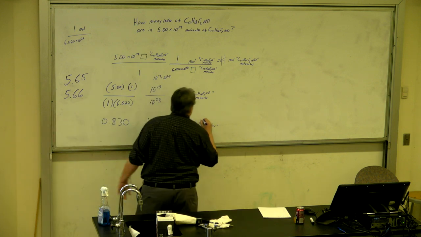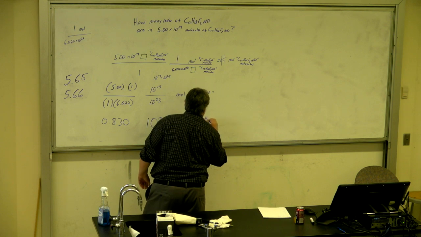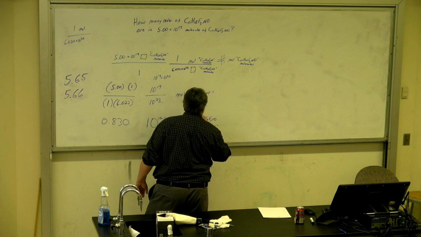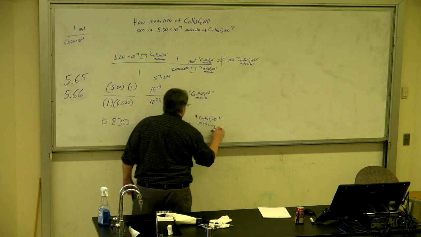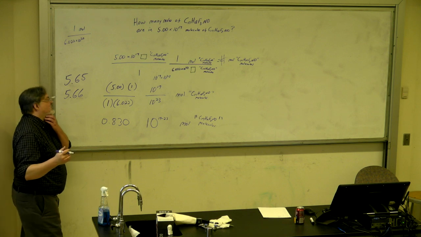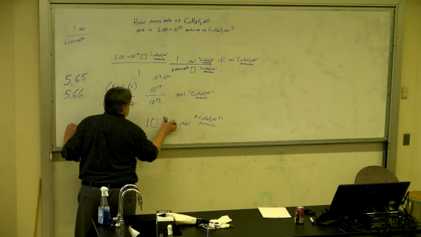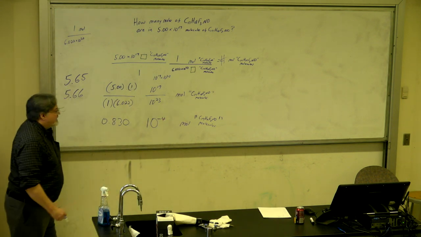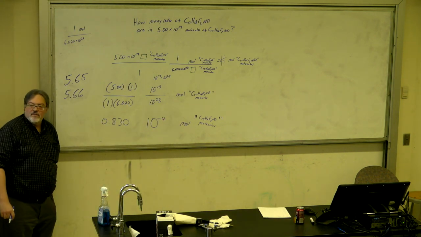Tired of writing this molecule. C17, H18, F3. What's 19 minus 23? That's actually the correct answer. It's just not in standard scientific.